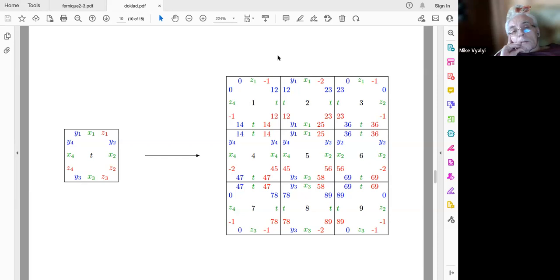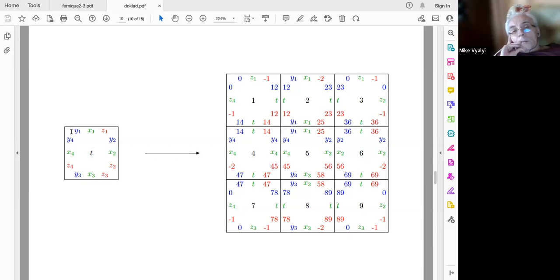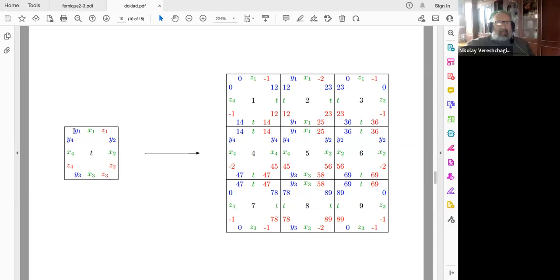Second, when we define the transformation of colors from a tile to a macro tile, we keep all the indices. Look, we keep X1, we keep Y1, and we also keep Z1 as a green index.